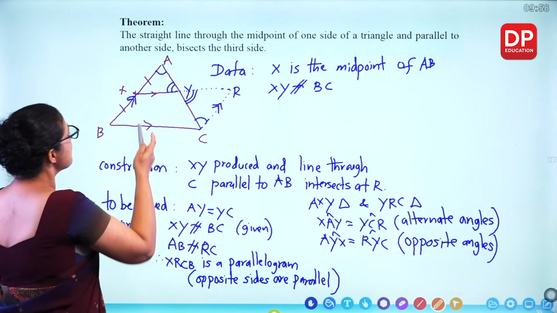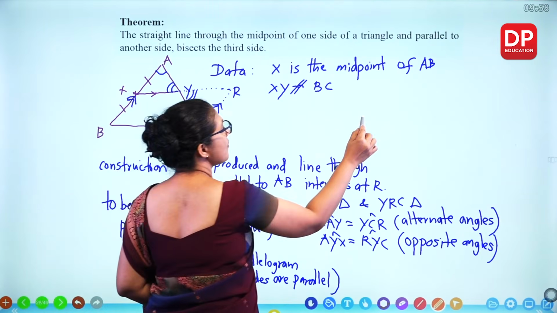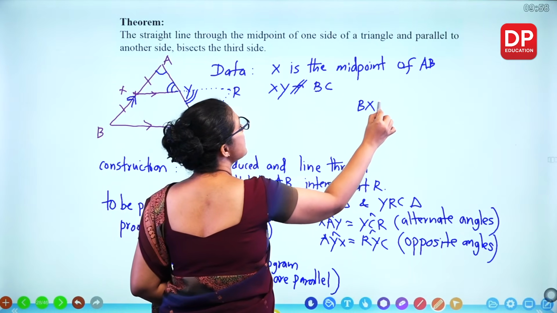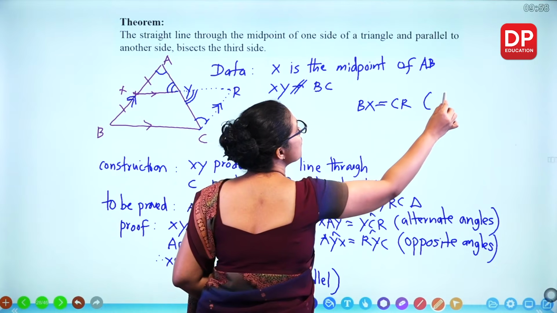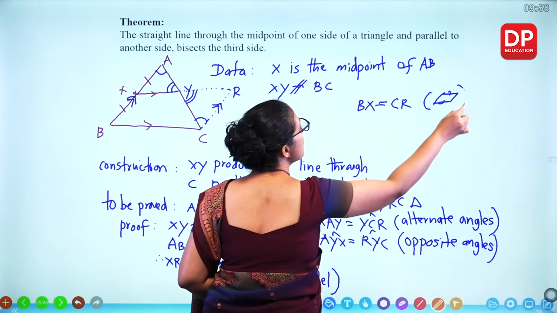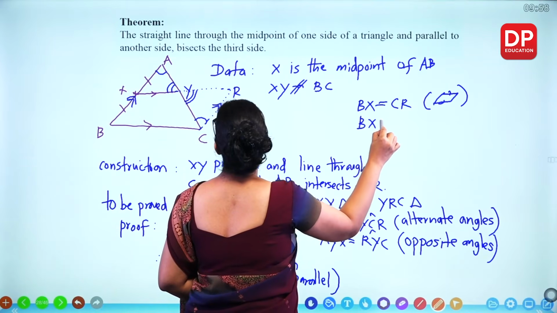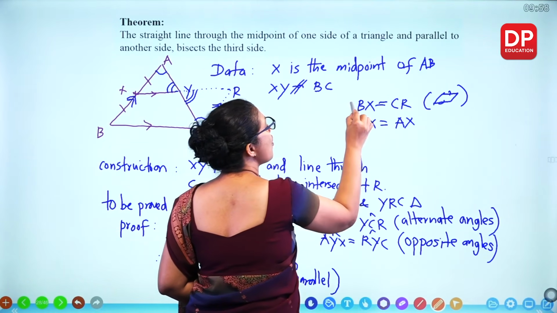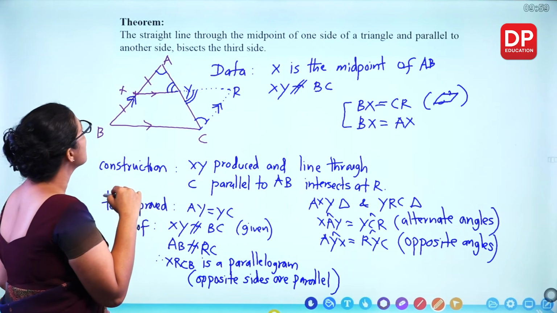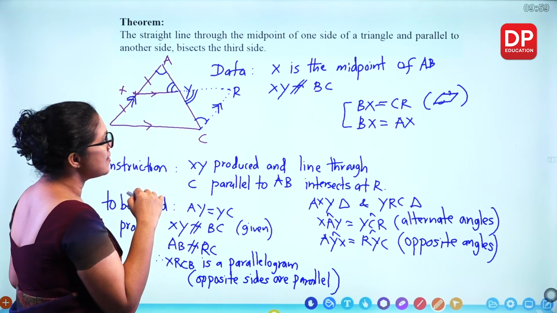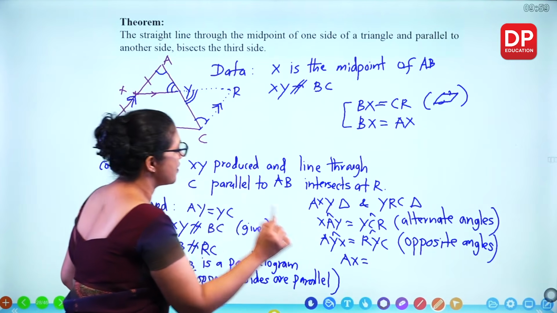Then we know BX is equal to CR because of the parallelogram, opposite sides of a parallelogram. But we know BX is equal to AX. From these two, we can write down AX is equal to CR.